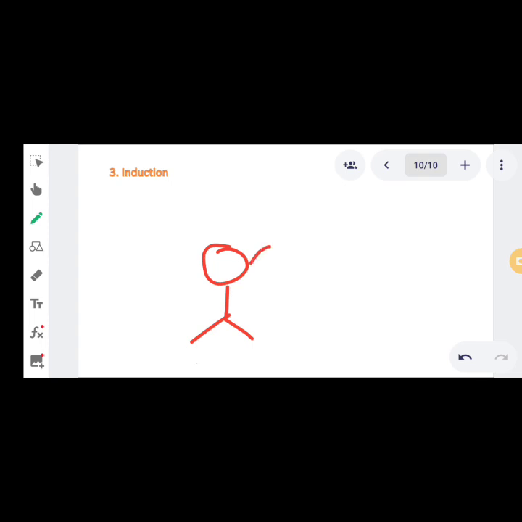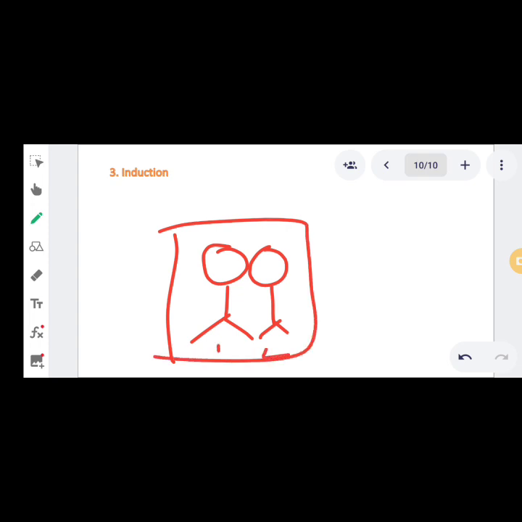It is a system of two neutral bodies which are joined together. Okay, we have two bodies, 1 and 2, both of which are neutral.